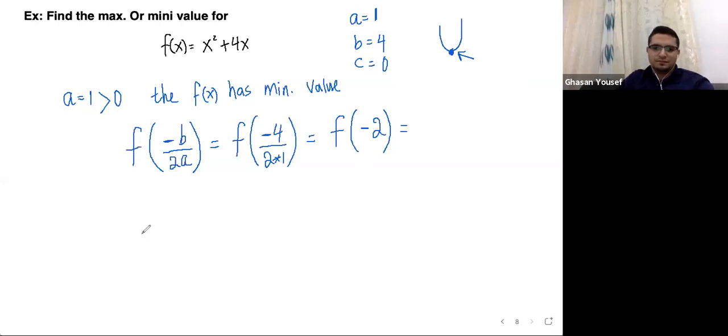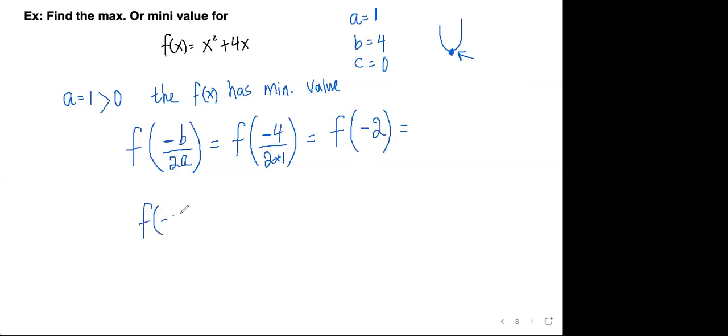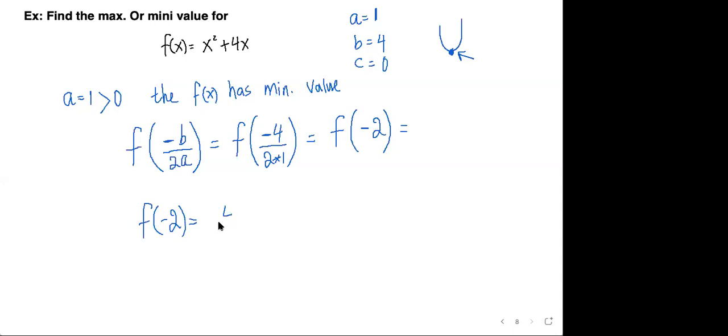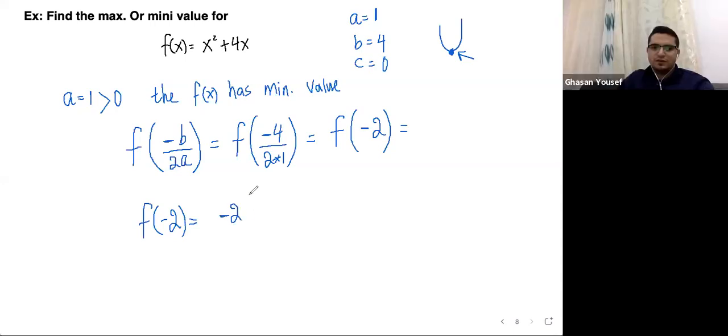What are you going to get? Negative 2 squared plus 4 times negative 2. You will get 4 minus 8, because 4 times negative 2 is minus 8. And the answer is negative 4. This is my minimum value.